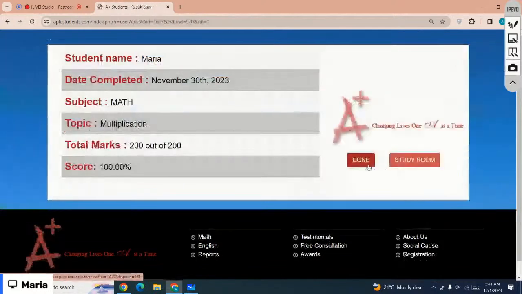Okay, we are done with the lesson. So we were working on grade 5 math. The chapter we were working on is multiplication.